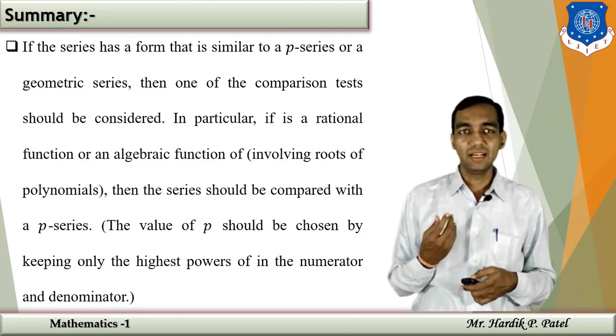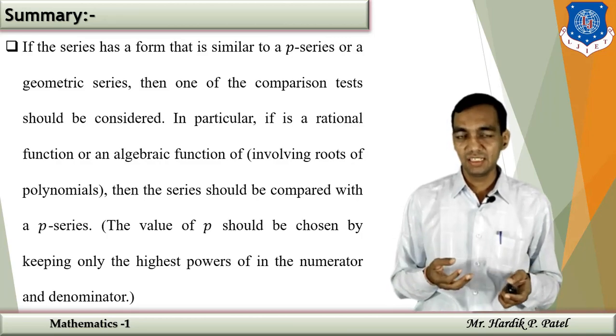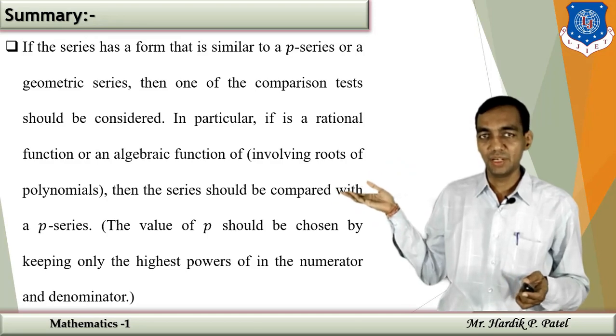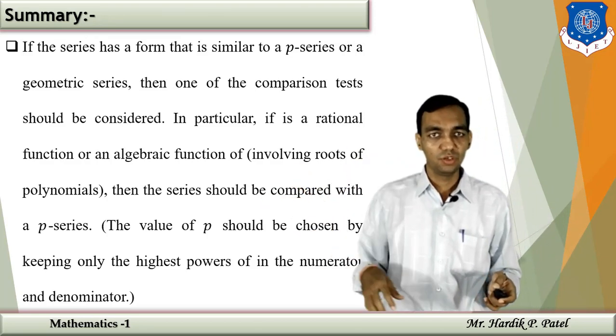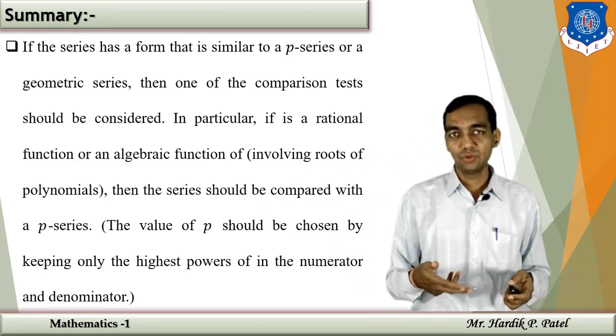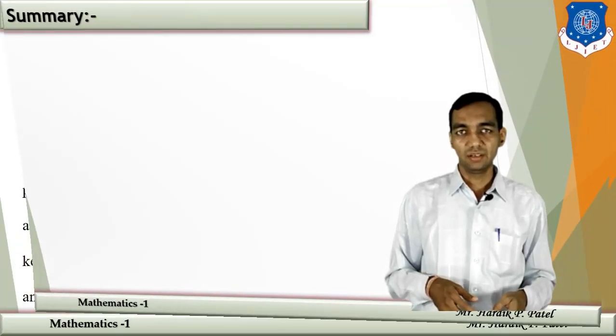How to find the value of p, we have already discussed. You have to take the dominant part from the numerator and the dominant part from the denominator, and then calculate the value of p.